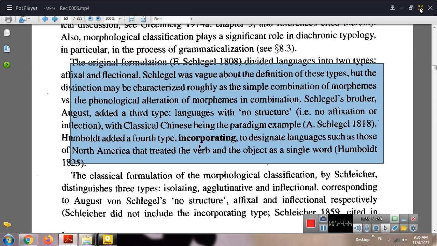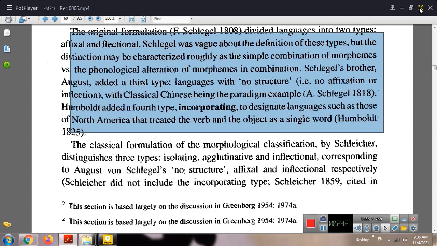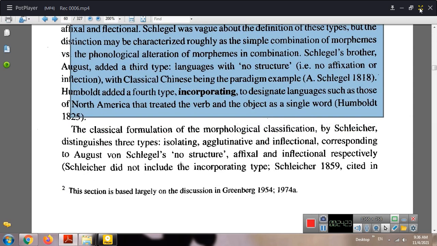Humboldt added the fourth type, incorporating, to designate languages such as those of North America that treated the verb and the object as a single word. Okay, here we read four types in morphology: affixal, inflectional, no structure, and incorporating. You should know them, and that Schleicher, August and Humboldt introduced them.